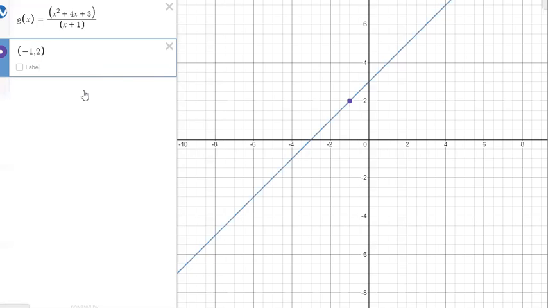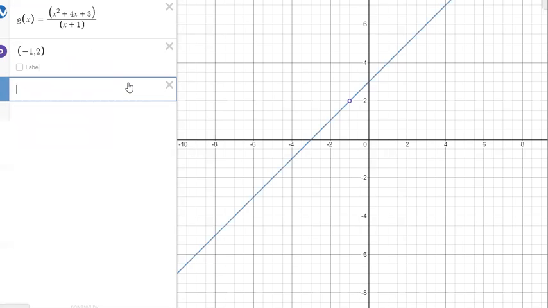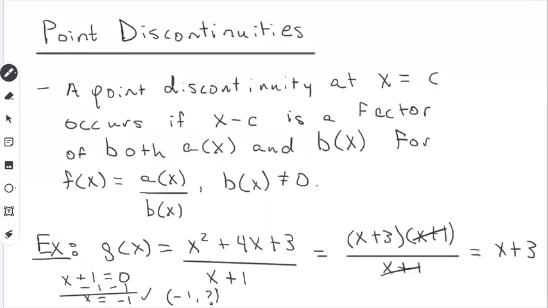This is going to be that point that's missing from the graph. So what I do with point discontinuities is I change them to holes. I can change this from a point to what's called an open point, which is just a hole in the graph. That's basically the point that the function skips over. That's the point discontinuity. And the way I figured out what the y coordinate was, I took the answer, which is x plus 3, and I let x be -1.